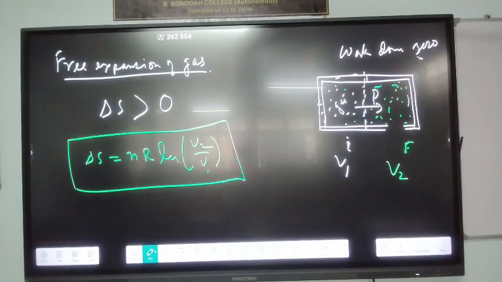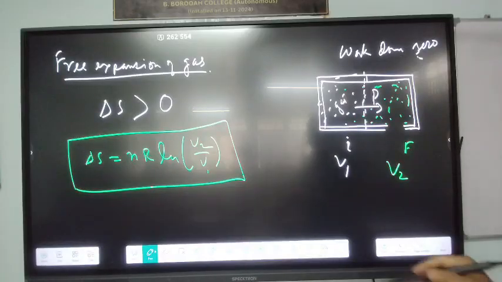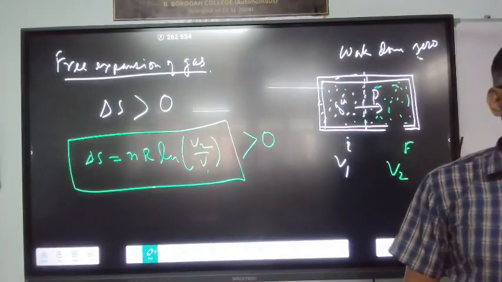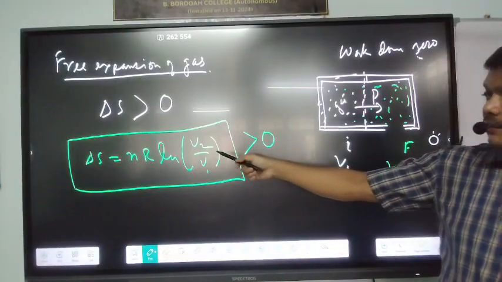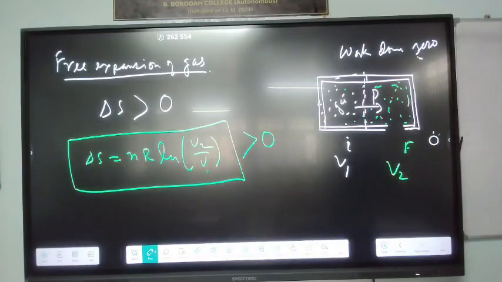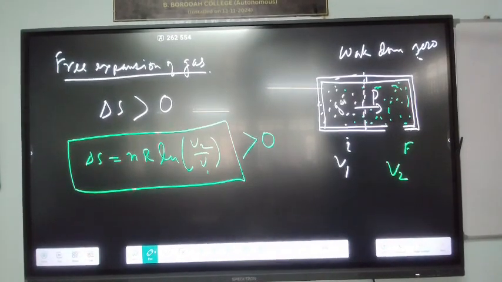Sometimes this comes in the exam. Find out the expression for entropy change in case of a free expansion of gas, and it is an irreversible process, and this will always be greater than 0. Here, the entropy change of the system is nothing but the entropy change of the universe, because it is an isolated system.